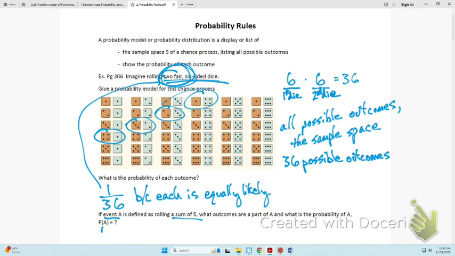This is, by the way, read probability of event A. And we know that P of A has 4 favorable outcomes out of 36. So we're going to say 1/9, or 0.1 repeating. I'm okay with 1/9 though.